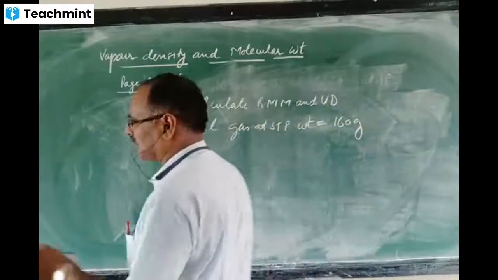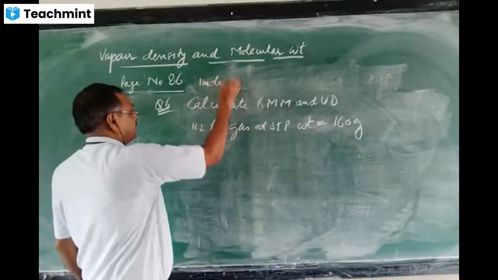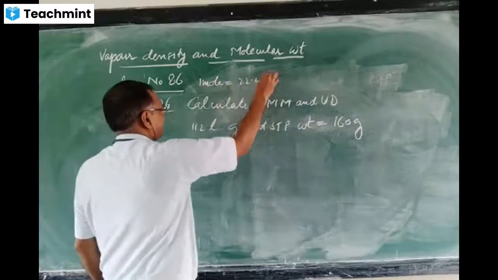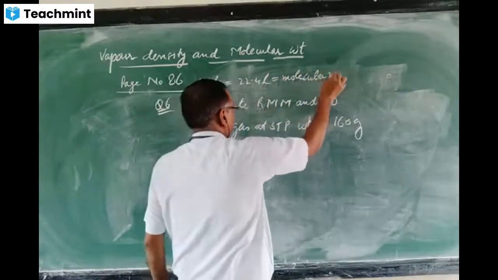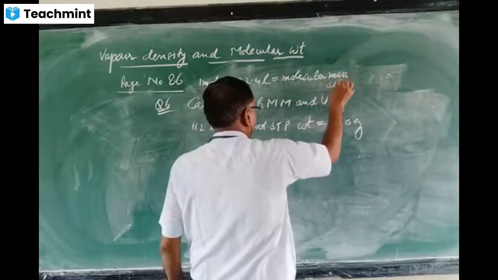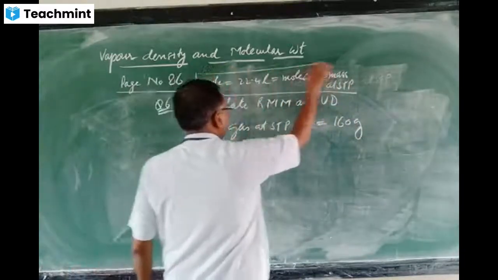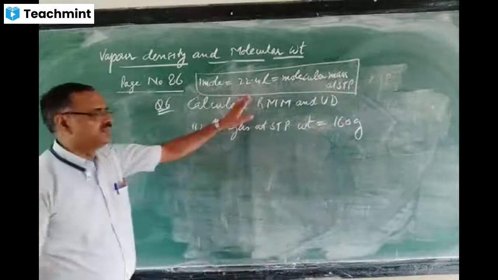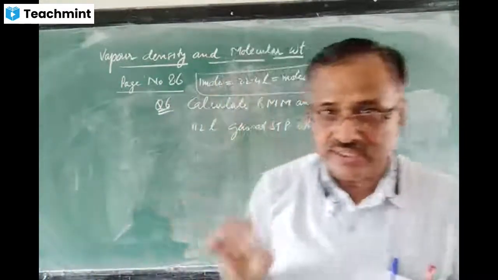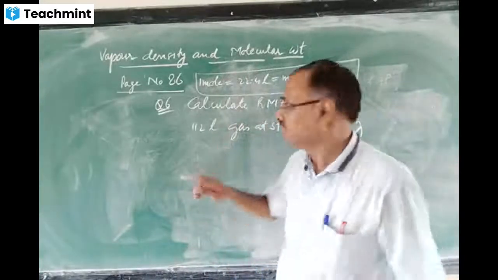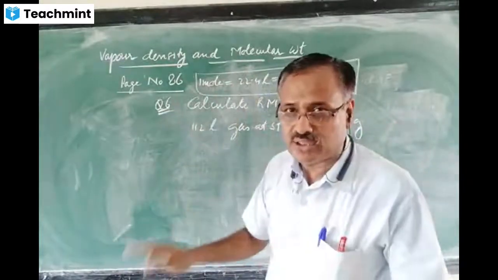One relationship I have given you: 1 mole is equal to 22.4 liter, that is equal to the molecular mass at STP. Keep that in your mind. It means that if you calculate the mass of 22.4 liter of any gas at STP, that will be the molecular mass.